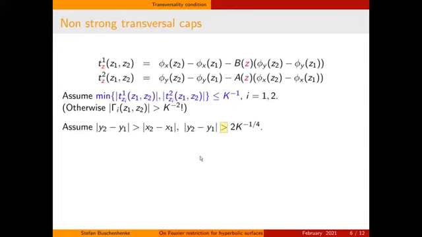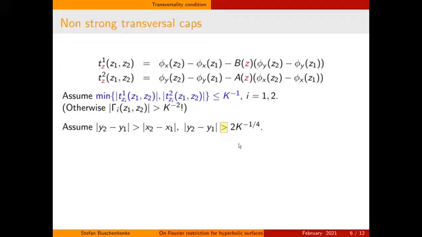That means both caps tau 1 and tau 2 are contained in a bigger cap of size k to the minus a quarter. Sorry, I forgot to mention that the points Z2 and Z1 are always the centers of these caps tau 1 and tau 2. Although these conditions are somehow stable under changing the center point to an arbitrary point in the cap.